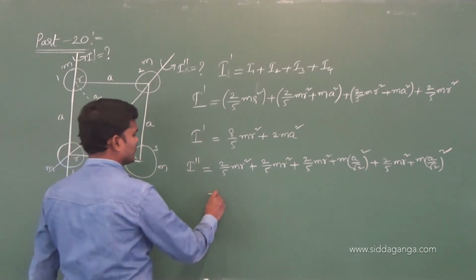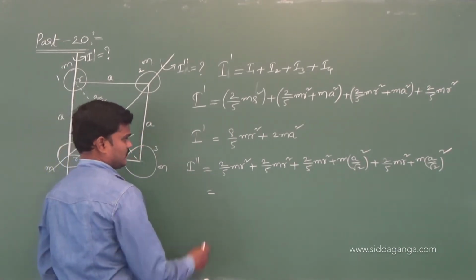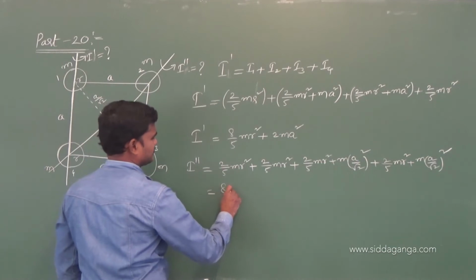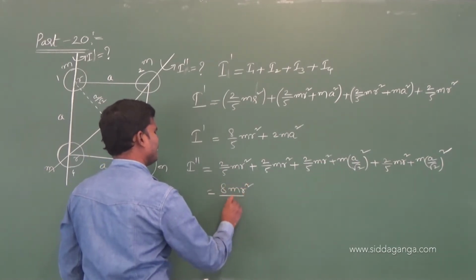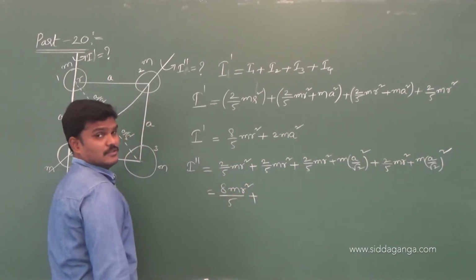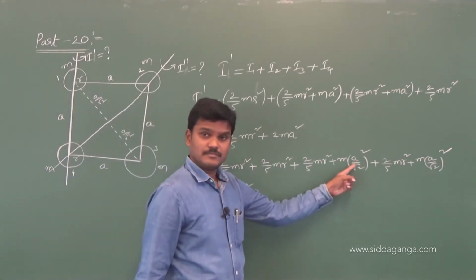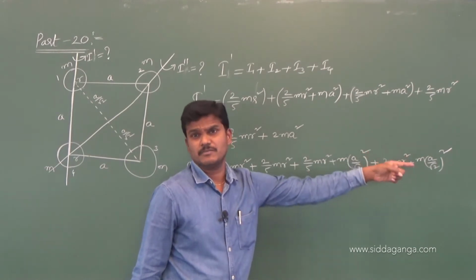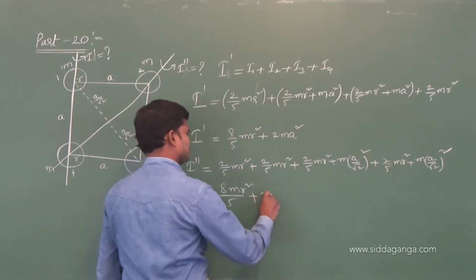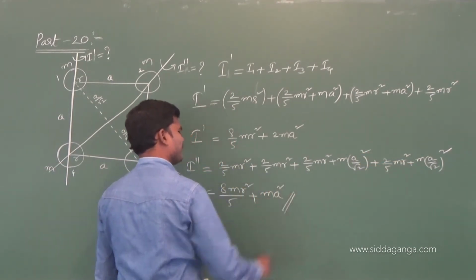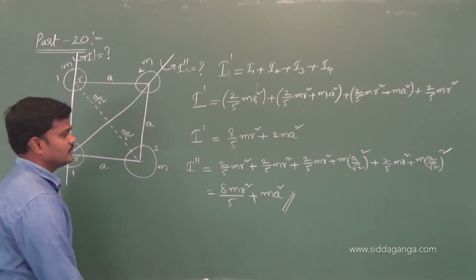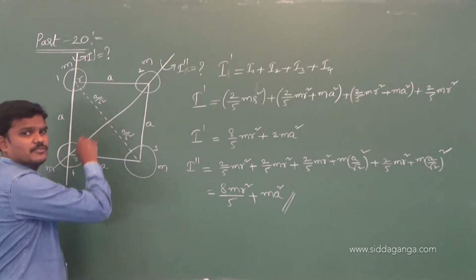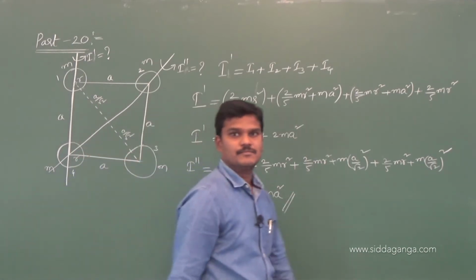Again, what is the answer you are getting? Again 8 mr square by 5, plus 2 m a square by 2. Then what is the answer? m a square.